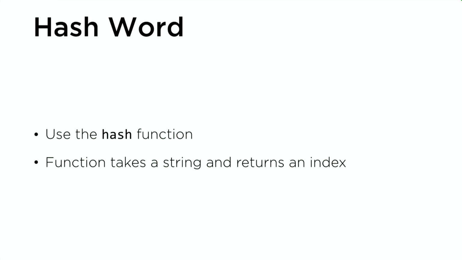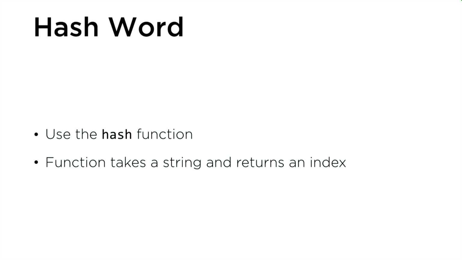Right now, we've given you a hash function that just returns 0 for every particular input. And later in this assignment, we're going to replace this hash function with a better hash function. But for now, you can just call upon the hash function inside of load to determine which index into the hash table you should use when you're inserting this new node.